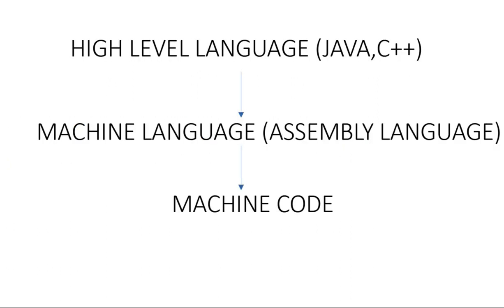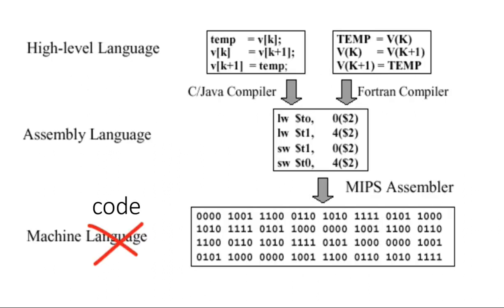So basically what happens is there is the high level language like Java or C++. Then there is the machine language, the assembly language, which is in between. And then there is the machine code, which is just binary, nothing else. You can convert anything into machine code, into binary, you know?